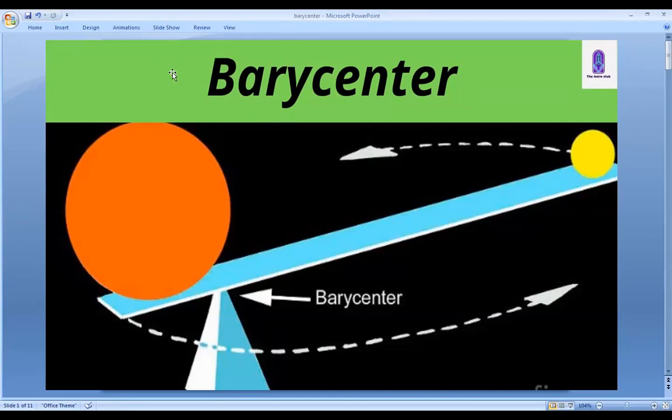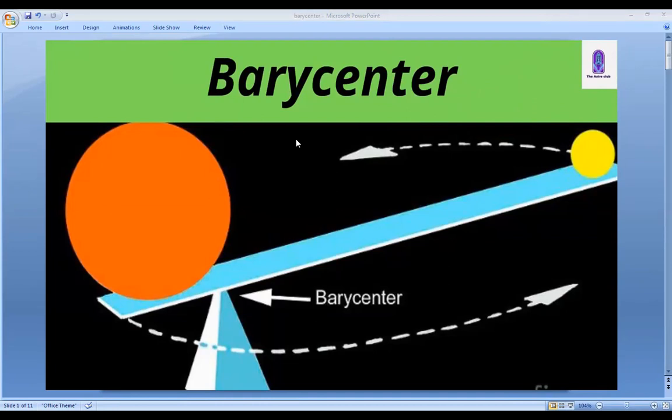See, this is a Sun, and all the planets orbit the Sun. Here, for example, there may be Mercury, Venus, Earth, Mars, Jupiter, Saturn. So all the planets orbit the Sun.